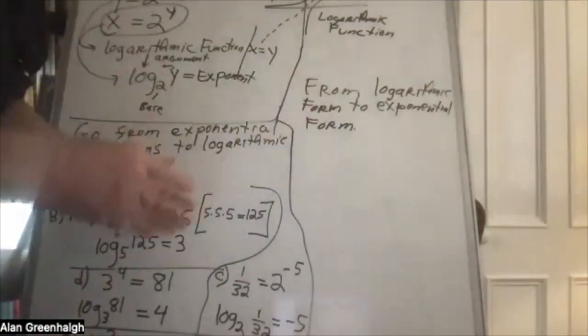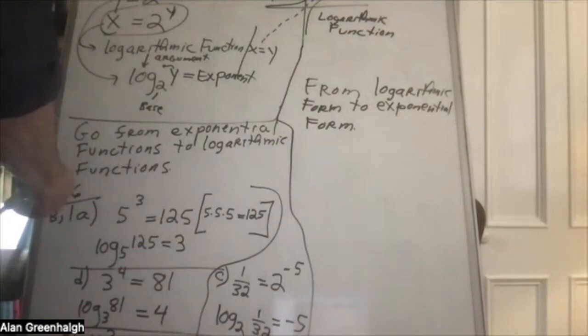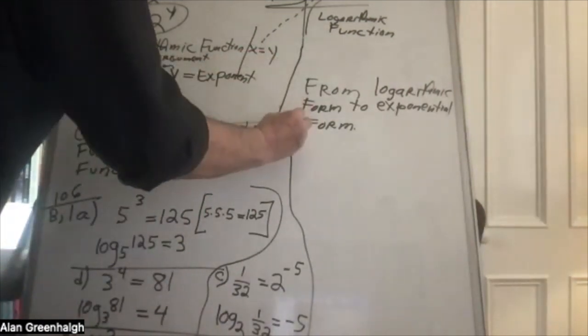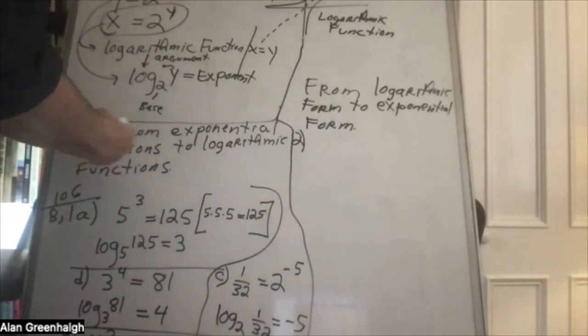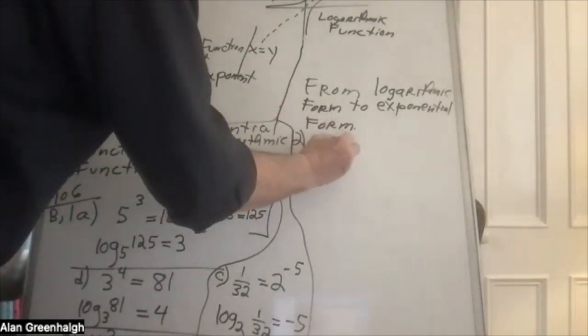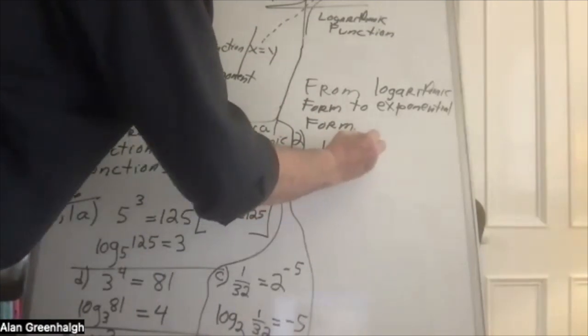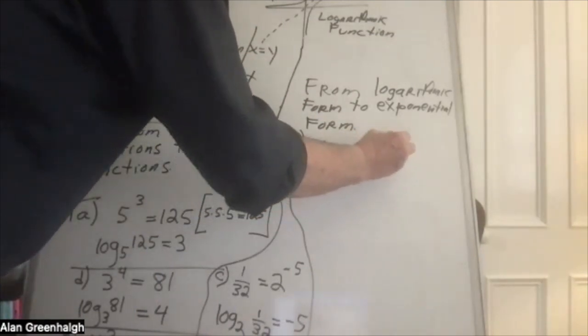Okay, so now we're going backwards. And let me take a typical problem. These are on the same page, but section 2. And here's an example. Log to the base 10 of 100 is equal to 2.